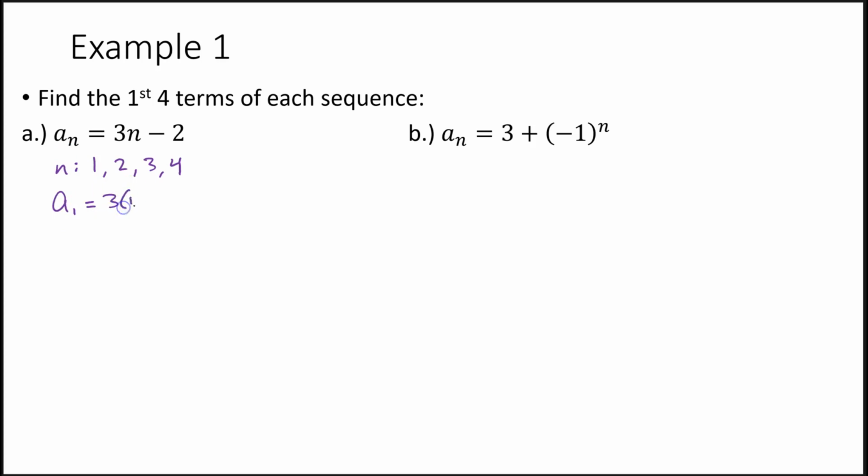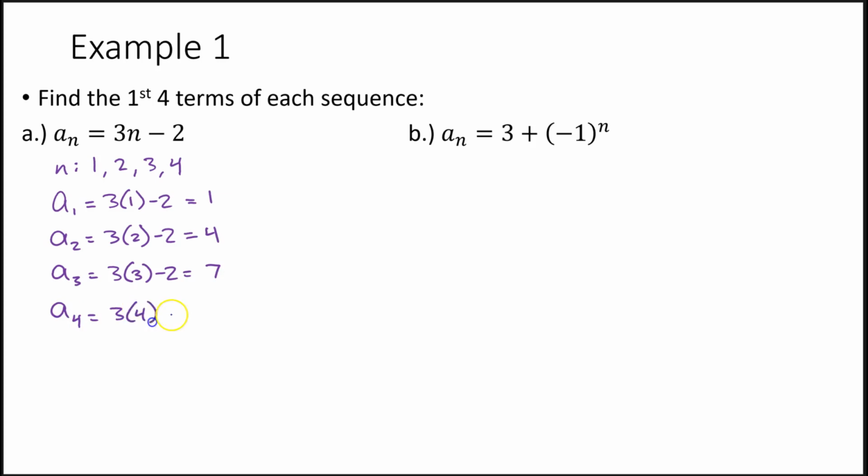Well, that's just 3 times 1 minus 2. 3 minus 2 is 1. A sub 2, 3 times 2 minus 2, 6 minus 2 would be 4. A sub 3 would be 3 times 3 minus 2, which would be 7. A sub 4 would be 3 times 4 minus 2, which would be 10. And that would be the first 4 terms of that sequence.